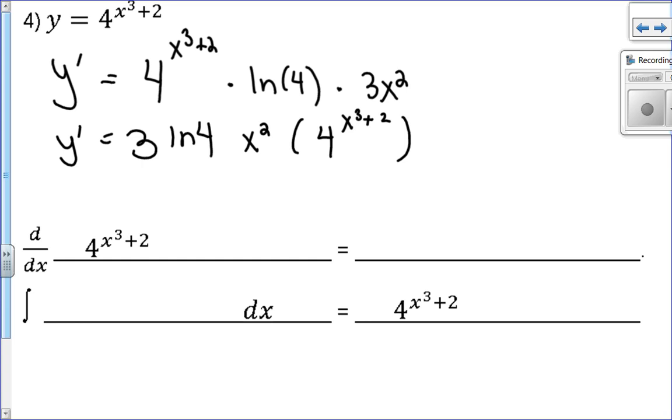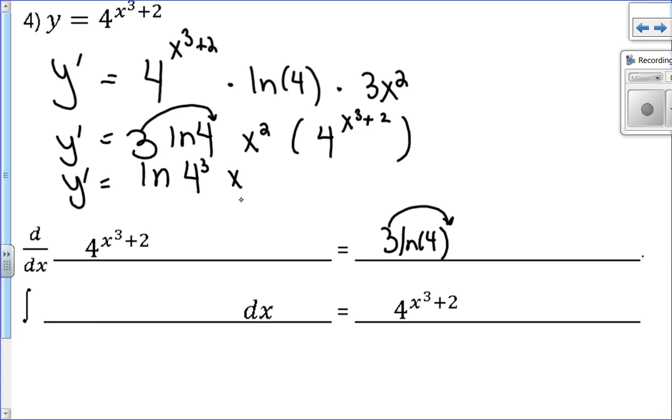So the derivative of 4 to the x cubed plus 2 is 3 ln 4 x squared times 4 to the x cubed plus 2, and we can actually simplify this if we wanted to. Let's bring the 3 up as an exponent, and that would be ln of 4 cubed, x squared, times 4 to the x cubed plus 2. 4 cubed would just be 64.